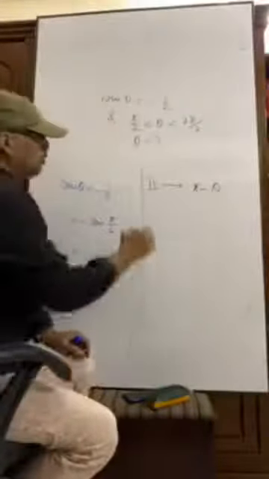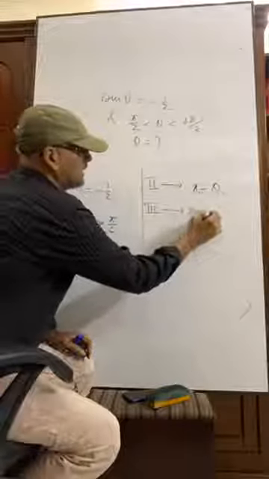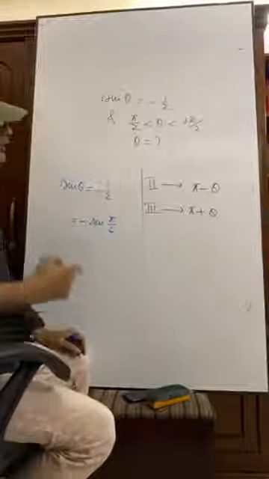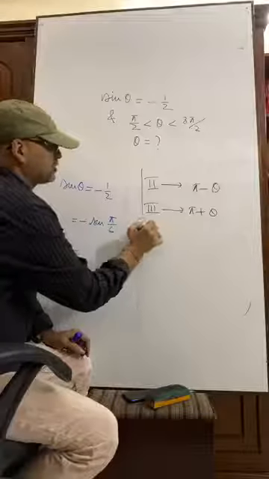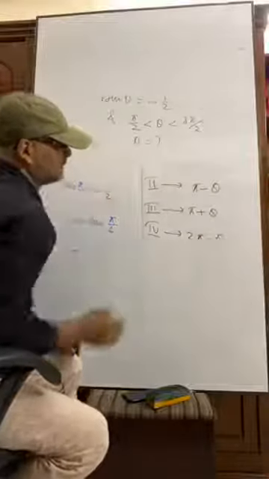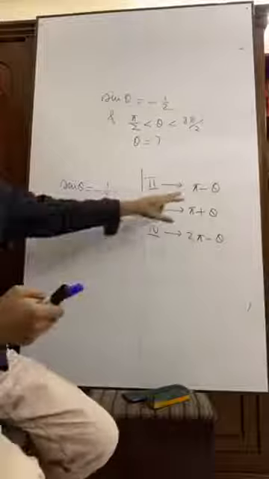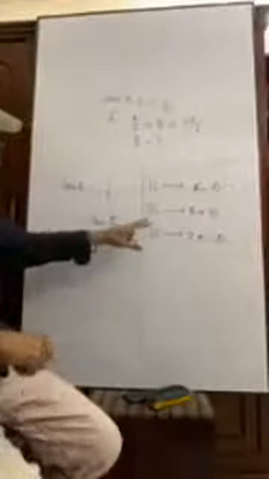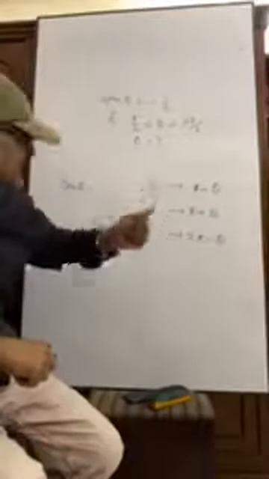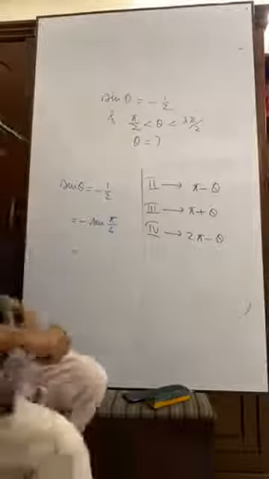In the third quadrant, it is pi plus theta. In the fourth quadrant, it is 2 pi minus theta. Okay, I have mentioned. In the second quadrant, it is pi minus theta. In the third quadrant, it is pi plus theta. And in the fourth quadrant, it is 2 pi minus theta.